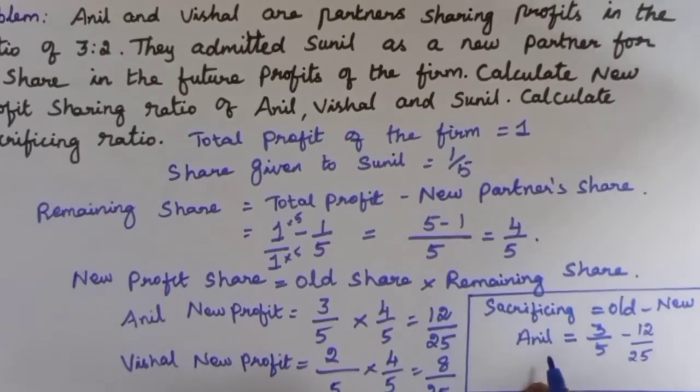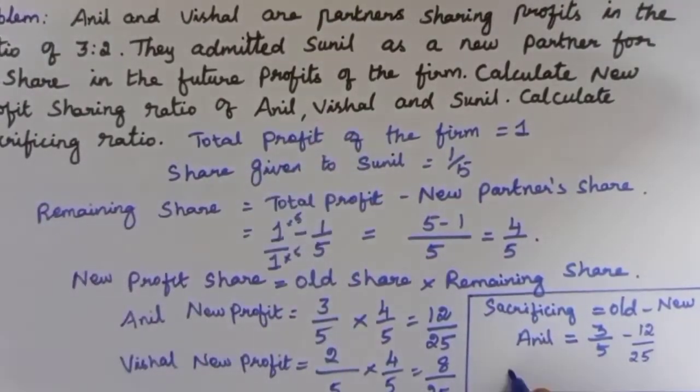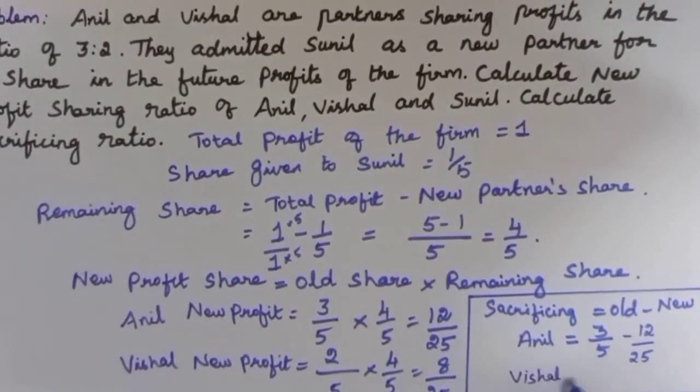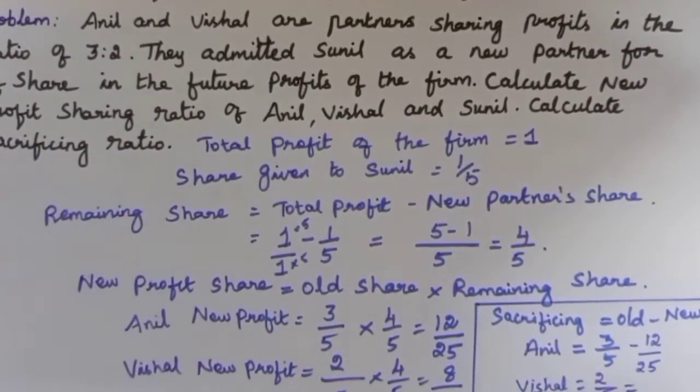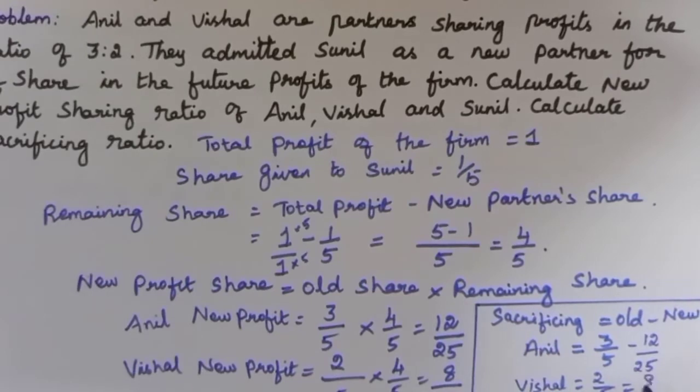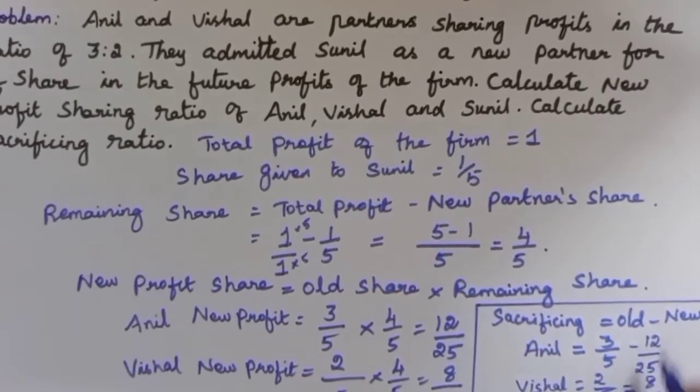In the same way, next find out the share sacrificed by Vishal. Vishal's old share is 2 by 5 and new profit share is 8 by 25.